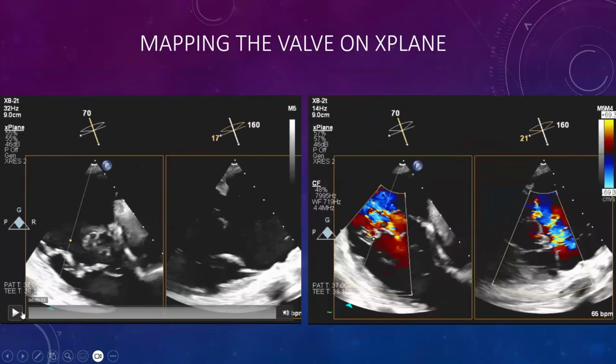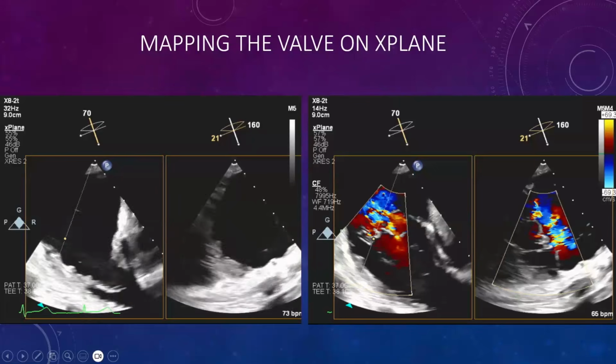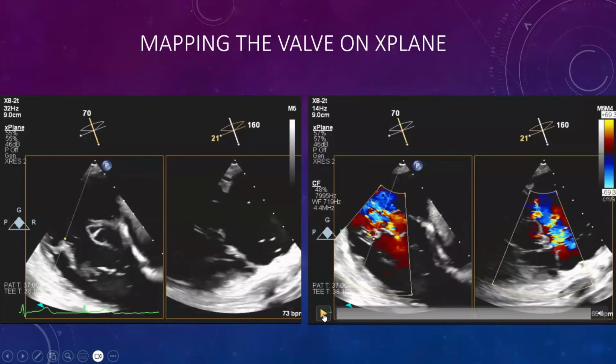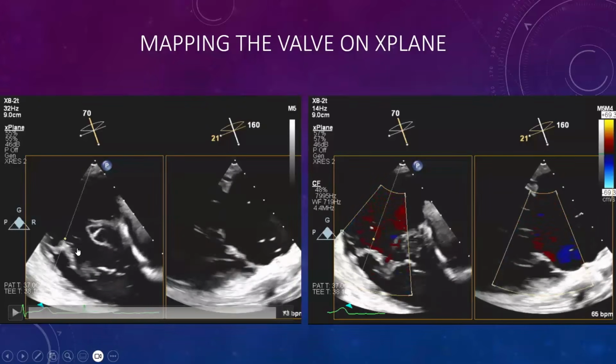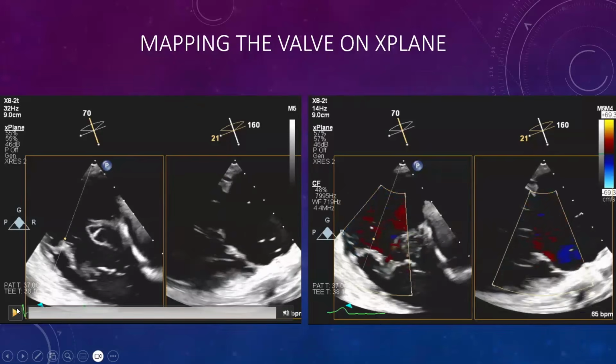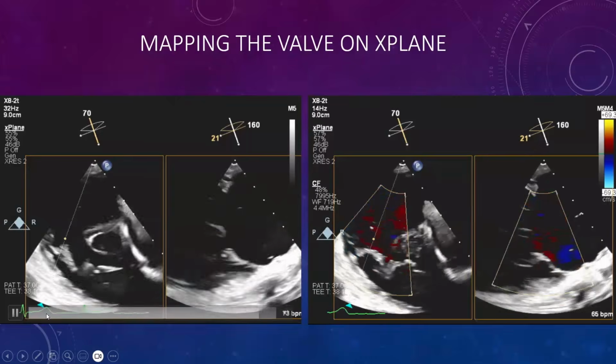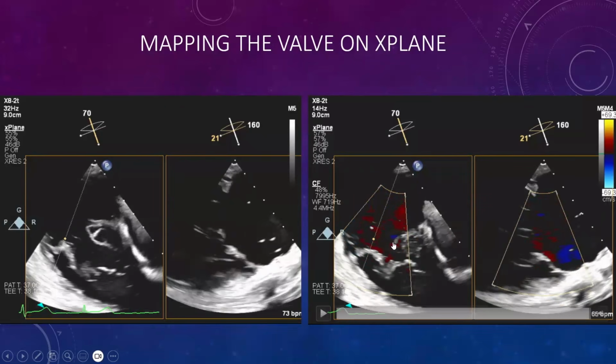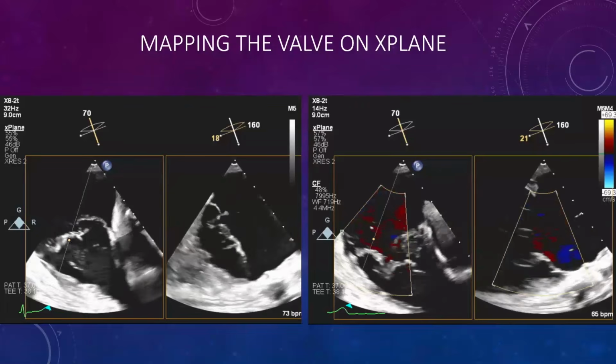And we were talking about mapping here. So this is where we talk about going through and doing a very careful sweep, and I'm not sure why they're not playing continuously, but where you will sweep and then without color, without moving your cursor, so you can see what the anatomy is like at the location of the regurgitation.